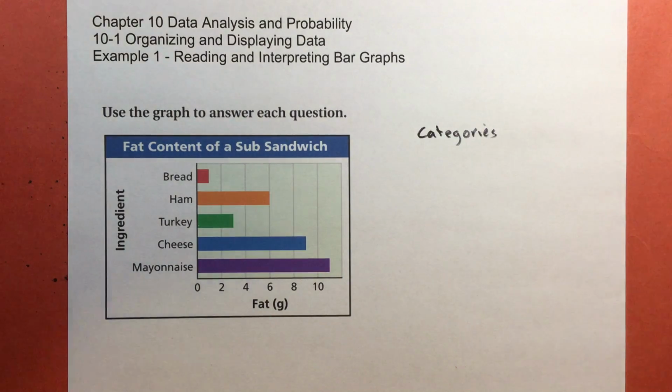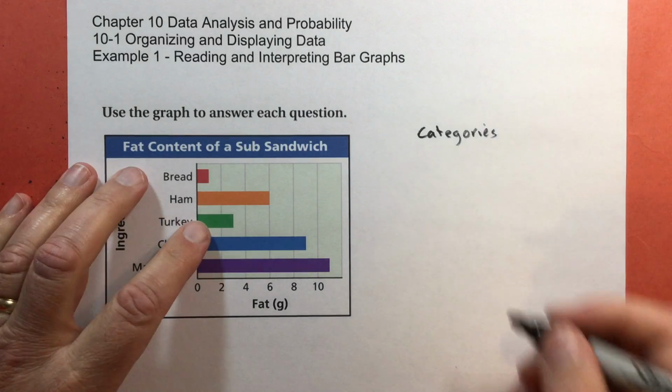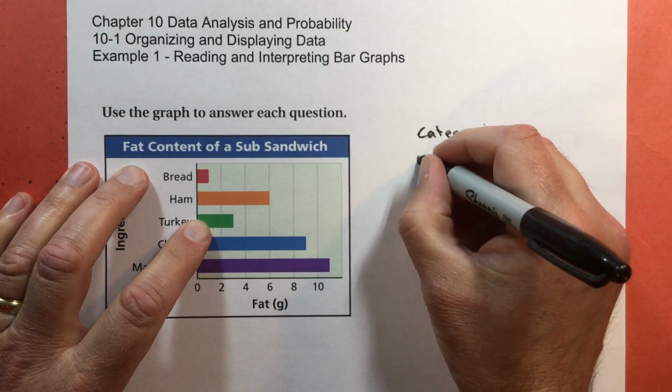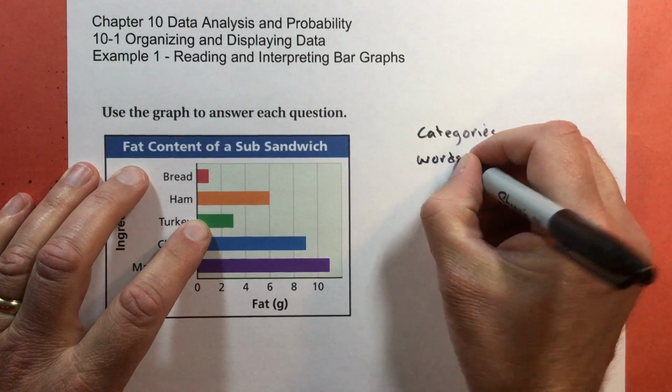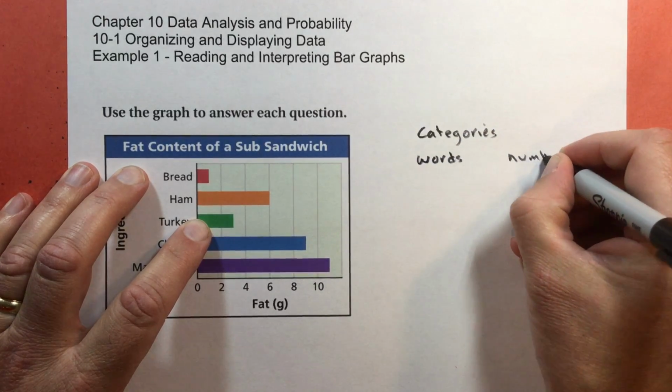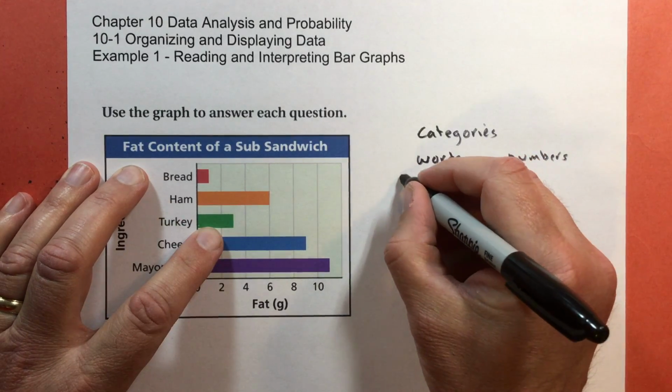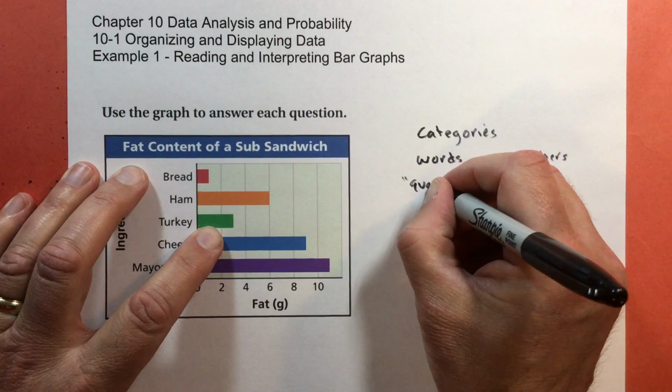So usually bar graphs are used when we have what we call qualitative data, okay? So data can be two things. It can either be words or it can be numbers. When we say words, the technical term is qualitative data.